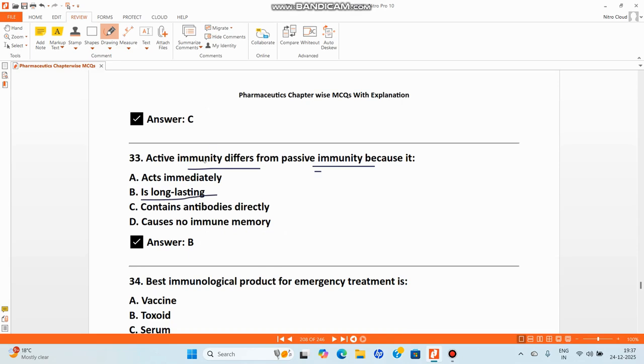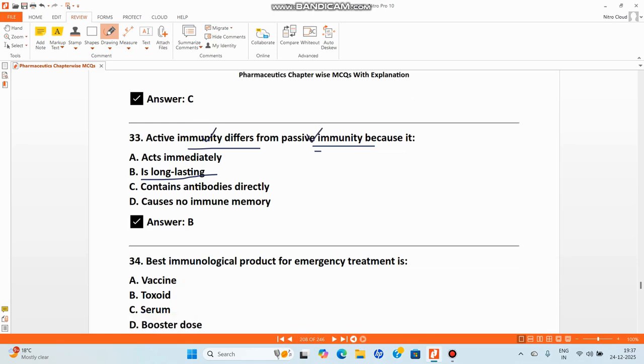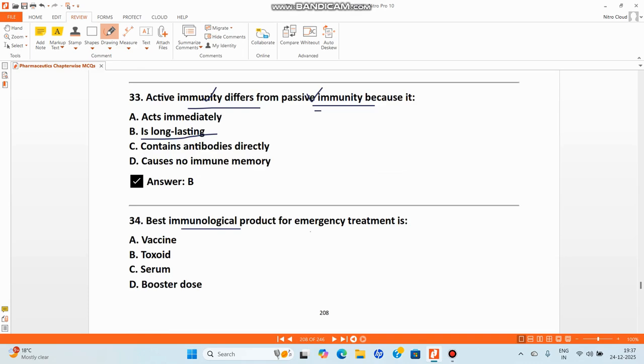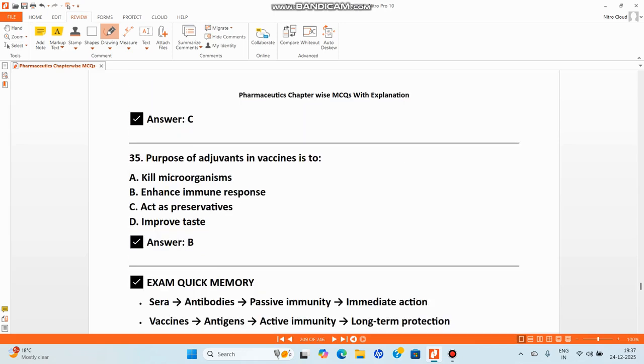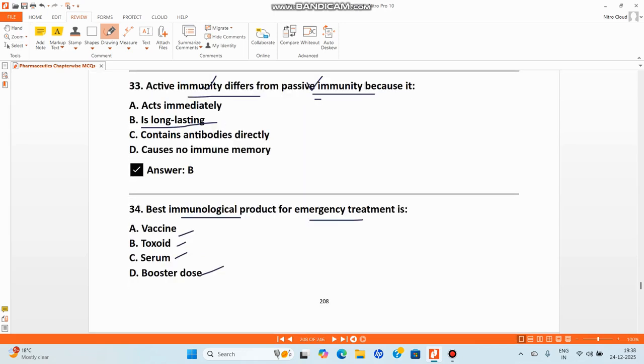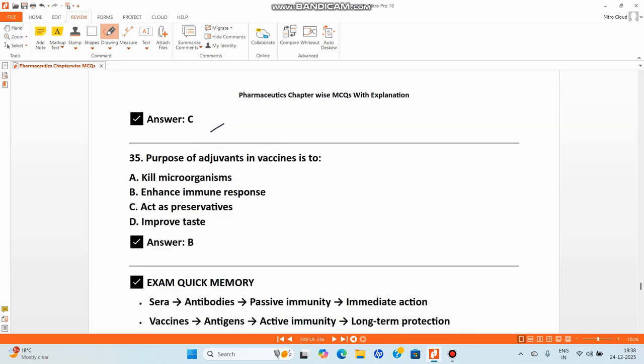So next, the best immunological product for emergency treatment: vaccine, toxoid, serum, or booster dose. So the answer will be C, serum. Best immunological product for emergency treatment. Okay. So purpose of adjuvant in vaccine is to enhance immune response.